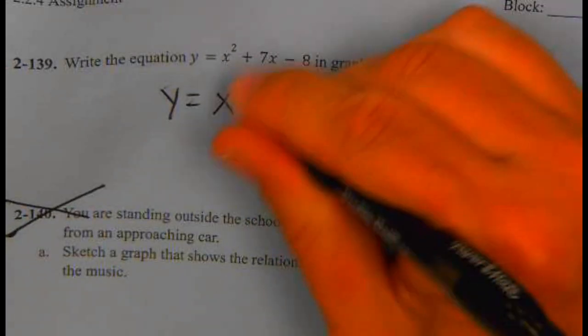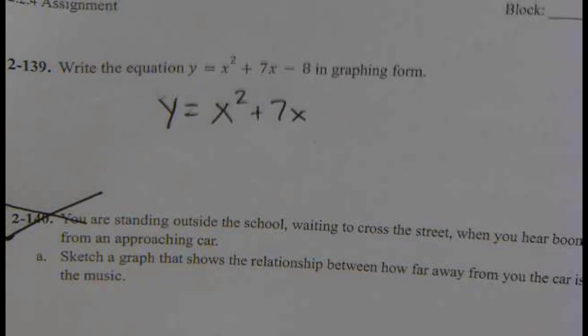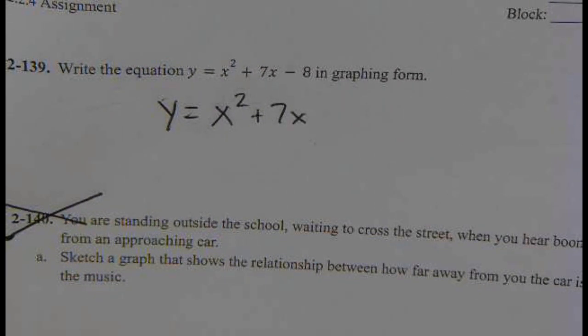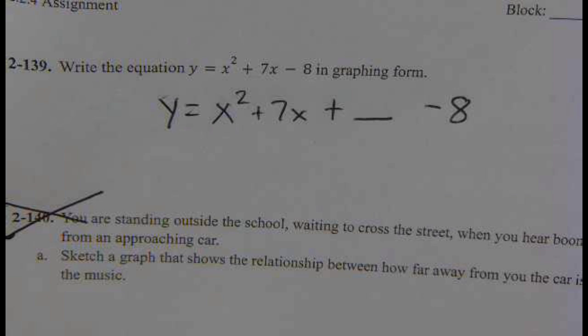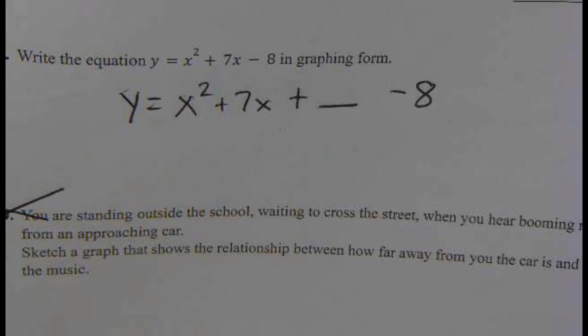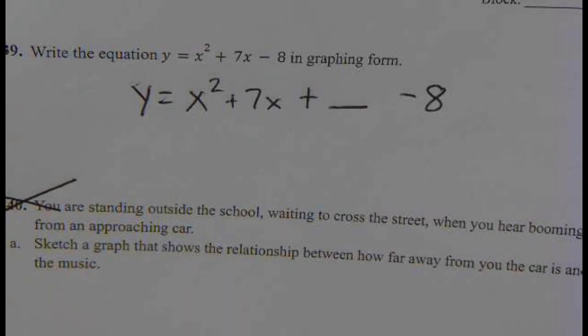x squared plus 7x. Do I want it to be minus 8 there? No, I don't. So I say, get out of the way, minus 8. We're going to put a plus blank there. What goes in the plus blank? We got to do half of 7, which is 3.5.